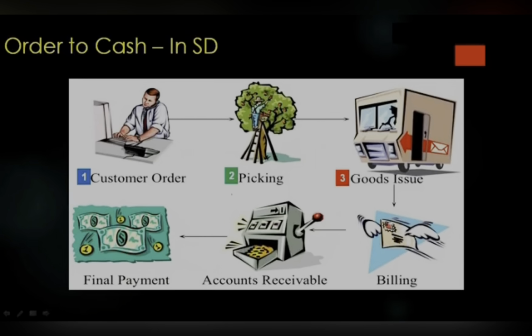Goods will be sent via truck, train or air to the customer, and then we'll send an invoice to the customer. Then the billing will happen, and the fifth step is the accounts receivable department chasing up with the customer for the payment, and finally the customer makes the payment. So this is the order to cash cycle.